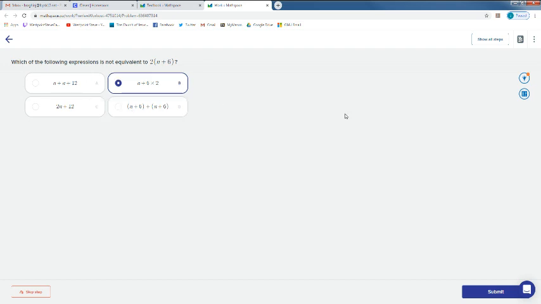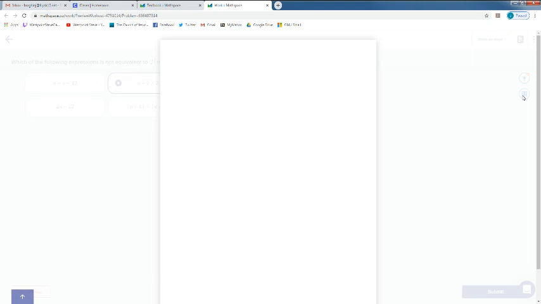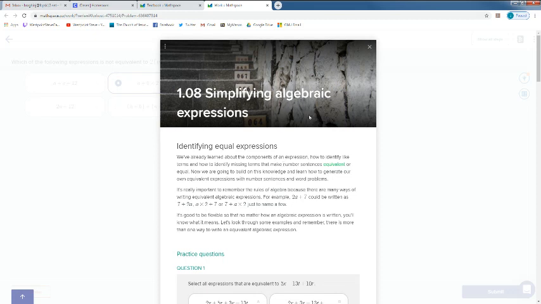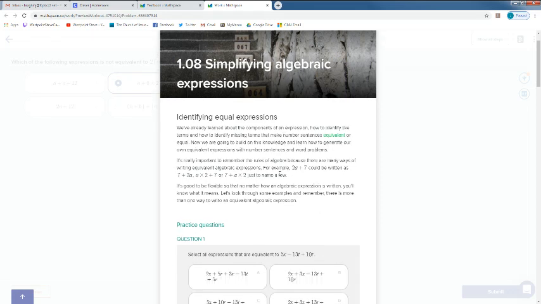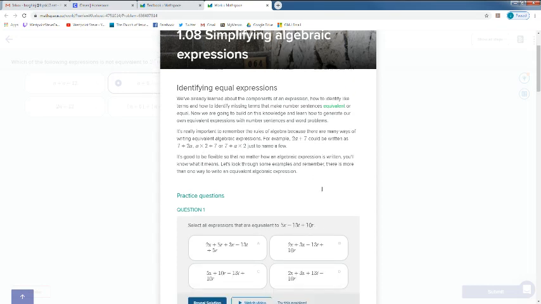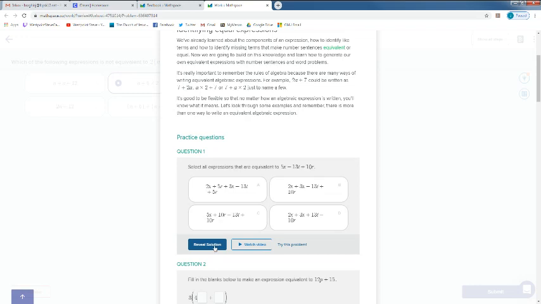So again, this is a good way that you can practice questions and understand how they work. You can use your lovely book here to look over things, simplifying expressions, and the different ways it could be written, such as this. You can see that there's practice questions here, and if you want to do these practice questions and say, okay, reveal solution, you can go for it.